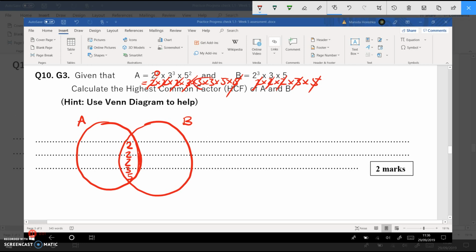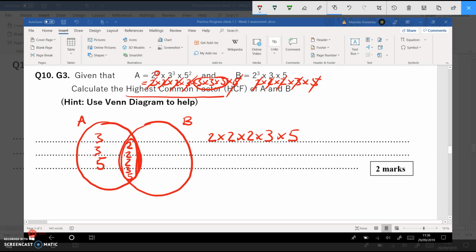Now, whatever is left, I've got 3, 3, and 5 here, and I haven't got anything left for B. So the highest common factor is found by multiplying all of the numbers that overlap, all of these prime factors that are in common for both of the numbers. So that would be 2 times 2 times 2 times 3 times 5.